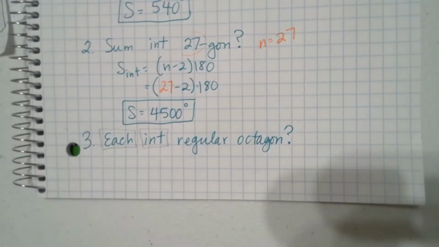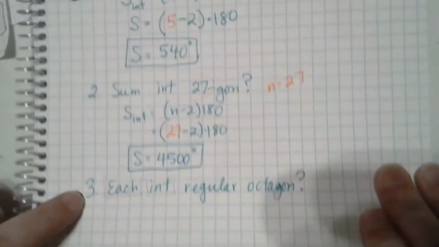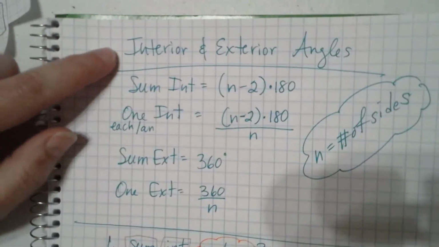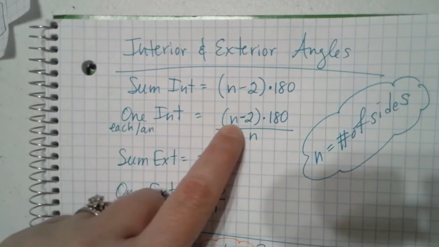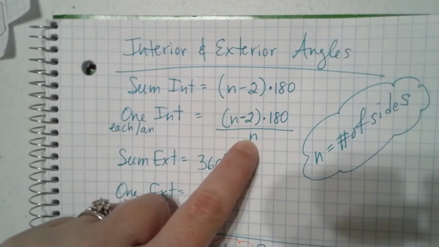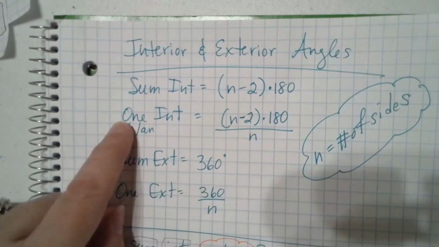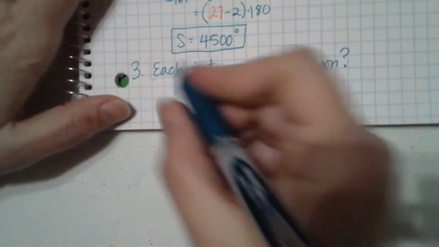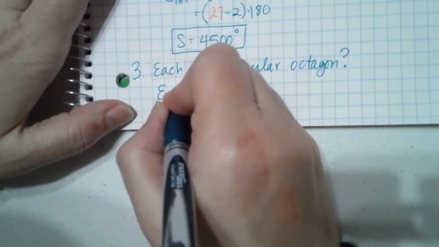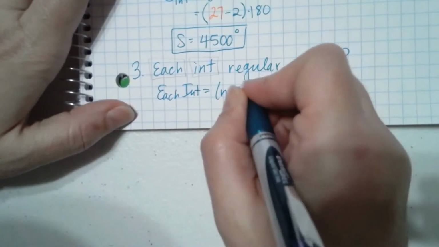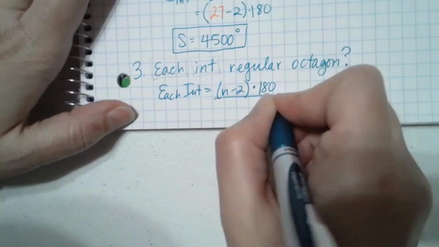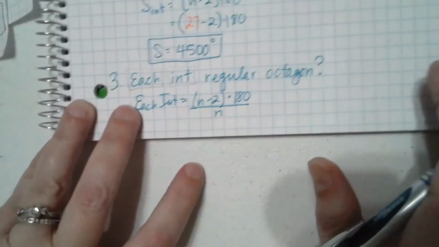So with that, I'm going to go up to the top and grab my formula for each interior. Each is right here, each meaning one. Interior: n minus 2 times 180 divided by n. So I'm going to write this formula down at the bottom. Each interior equals n minus 2 times 180 divided by n.